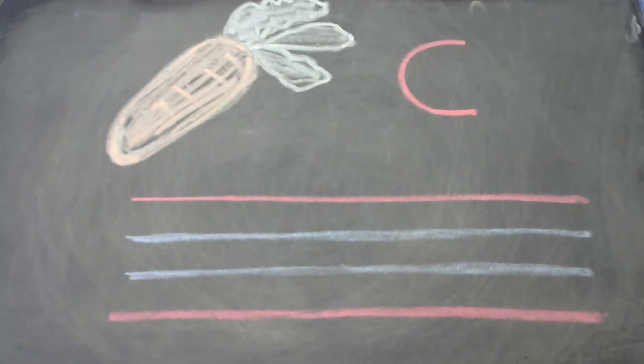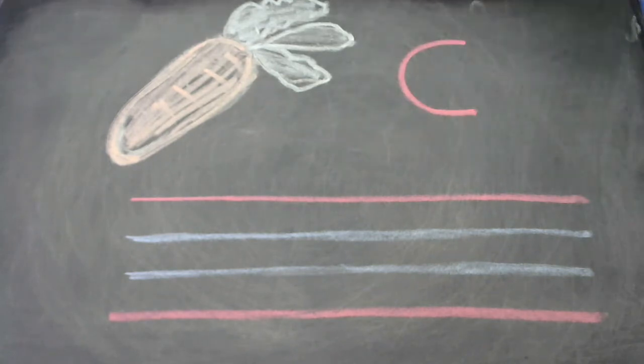K, K, cap. Okay. So this is the sound of C. So children, tell me, what is the sound of C? Yes, very good. The sound of C is K.